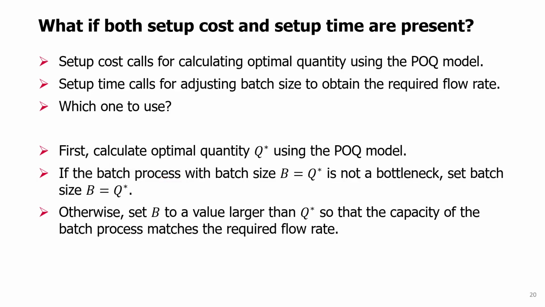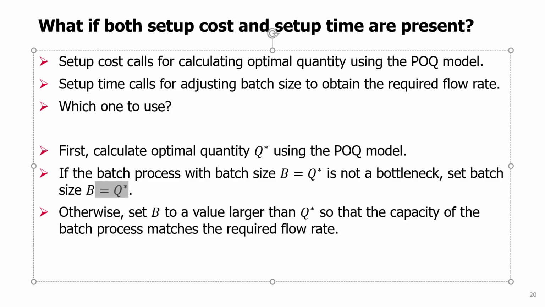And by that, you basically satisfy both requirements, meaning that you're minimizing the costs of holding and ordering, and at the same time, this step of the process is not a bottleneck, so it is not preventing us from collecting additional revenue. However, if setting B to this value Q star makes the process step a bottleneck, then we might want to, of course, decide to set B to a larger value such that it no longer is a bottleneck.